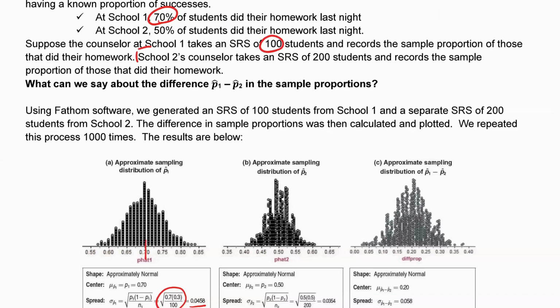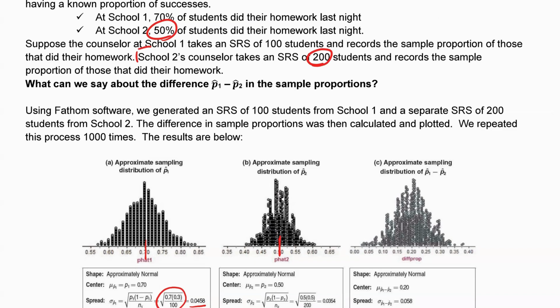Okay, now imagine from school two, we take a random sample of 200. Well, what if we did many samples of size 200? What would we expect from that sampling distribution? Well, we would expect that it's going to be centered at its population proportion, 0.50. Do we expect the distribution to be approximately normal?